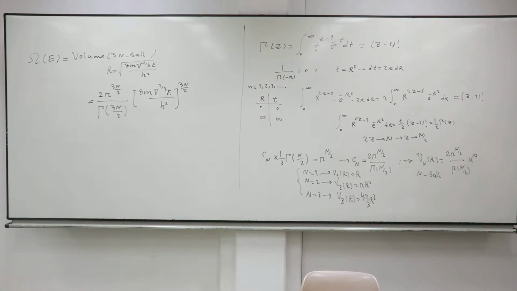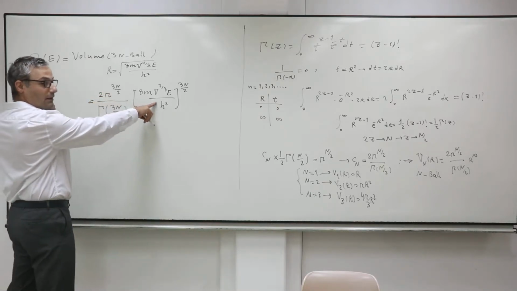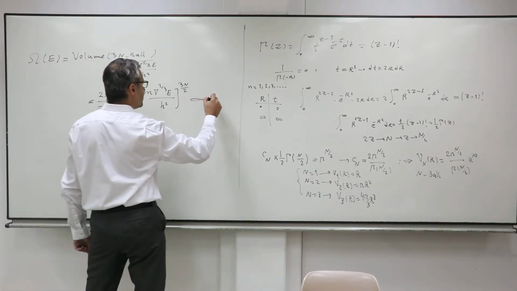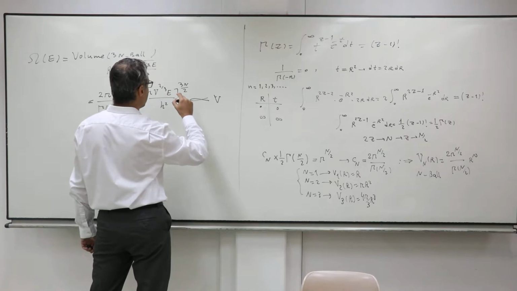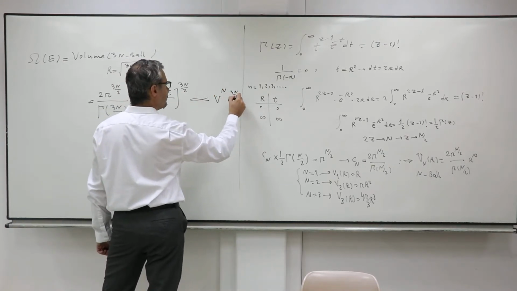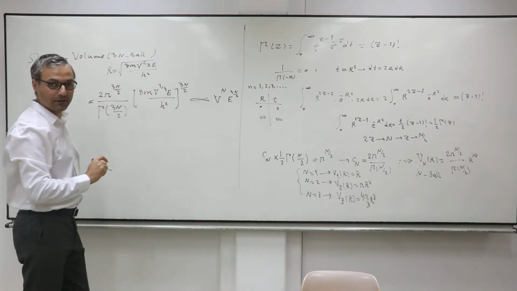This is the omega. You have many appearances of the n. So n appears here several times: in the gamma, in the exponent, and inside the radical. What's important for me is that this equation is proportional to, look at that, V^n E^(3n/2) and some constant of the n.